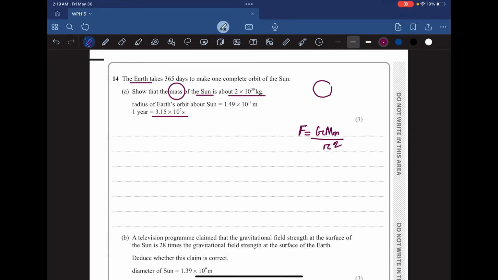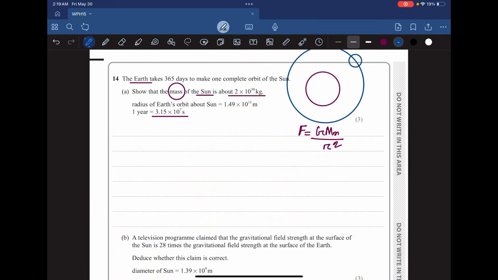Let's say this is the Earth, and let's say this is the Sun. So the Earth is actually revolving around the Sun, right?